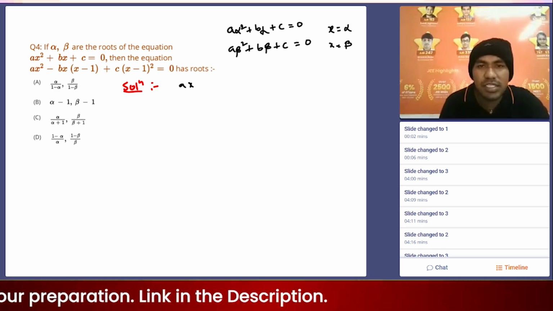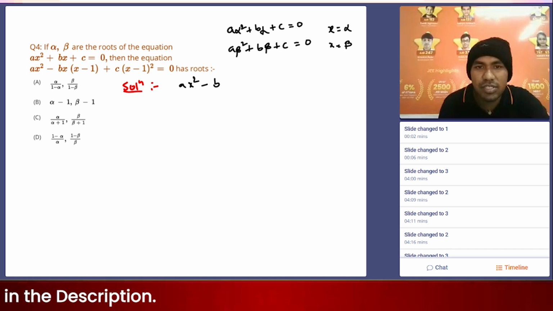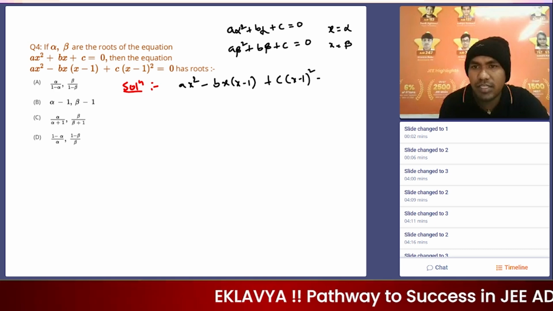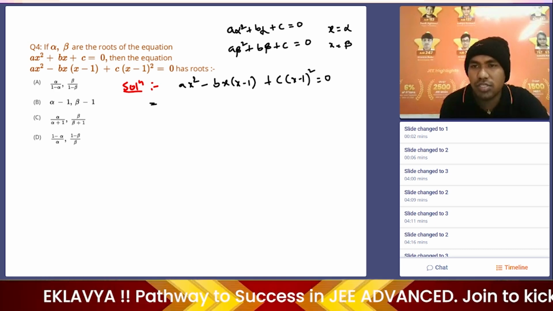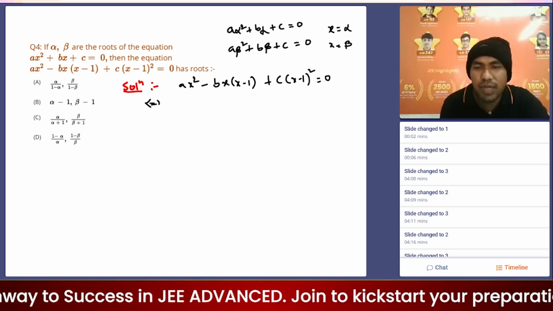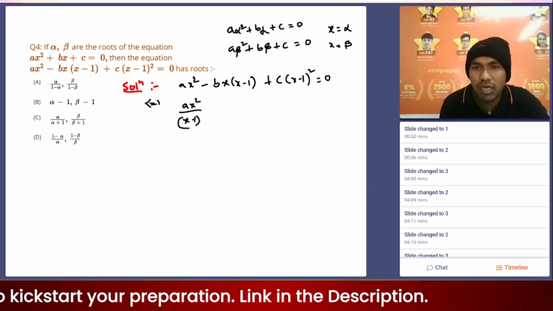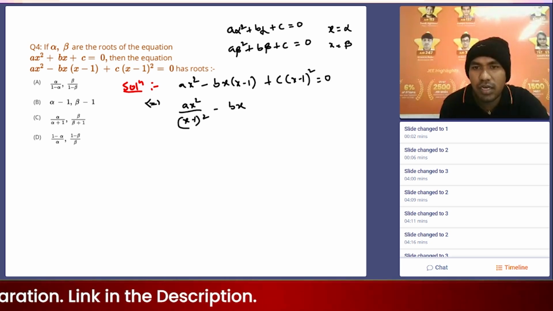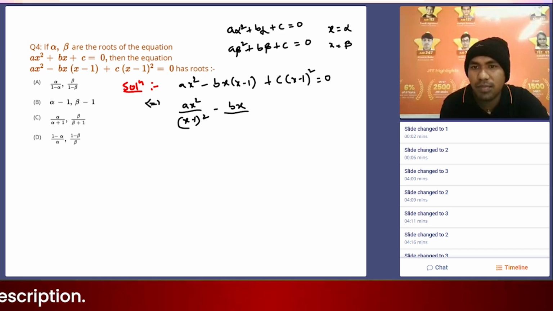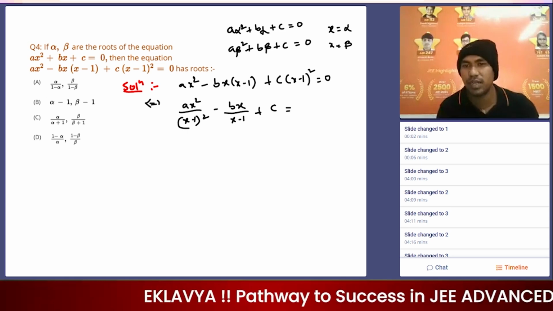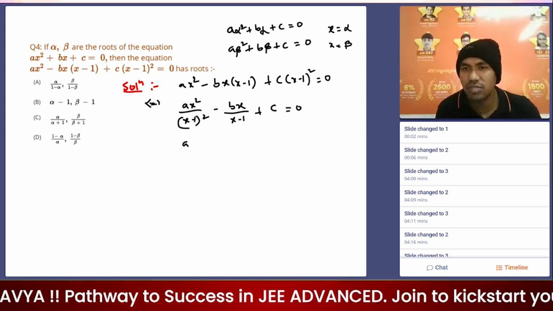Now if you observe this equation, they have given ax square minus bx times (x minus 1) plus c times (x minus 1) whole square equals 0. So if I divide by (x minus 1) whole square, it will become ax square upon (x minus 1) whole square minus bx upon (x minus 1), since one (x minus 1) part gets cancelled, plus c equals 0.